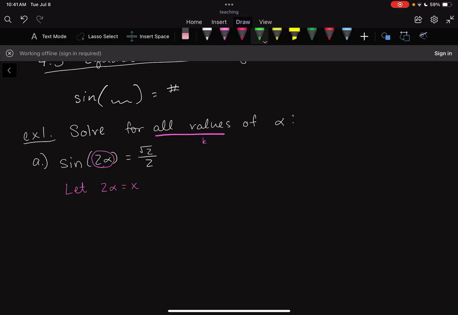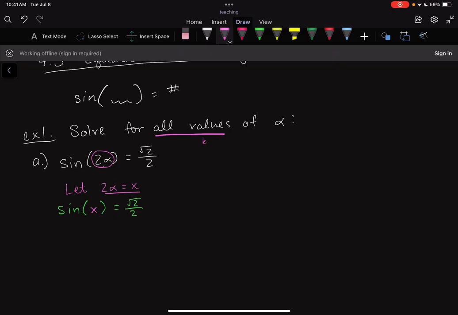And the reason that I'm doing that is I want to show you that we can actually turn this into a 4.2 problem, solve it that way, and then we'll just have an extra step at the end. So this will be sine x equals root 2 over 2. I'm just replacing 2 alpha with x. Now it just looks like a 4.2 problem.